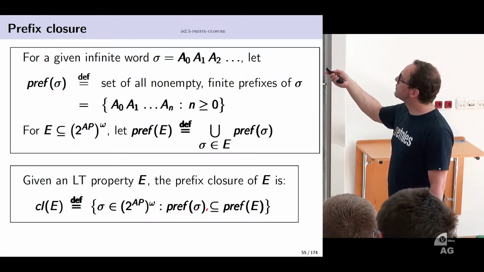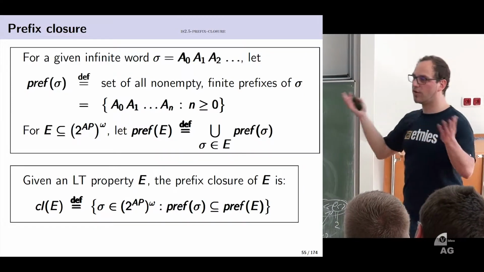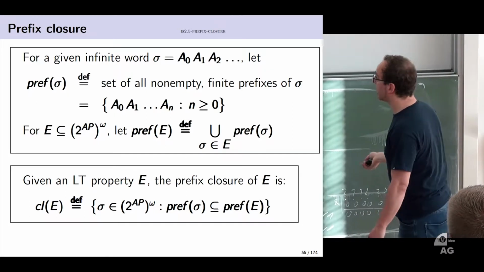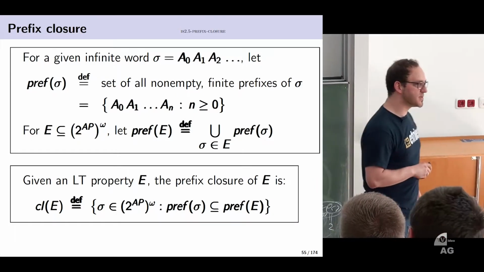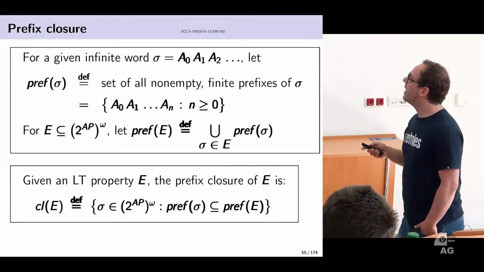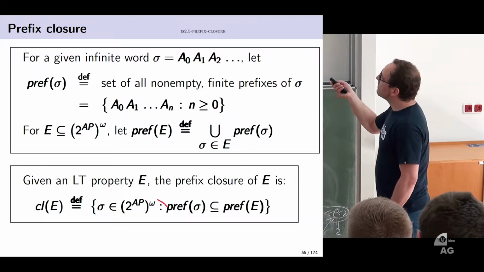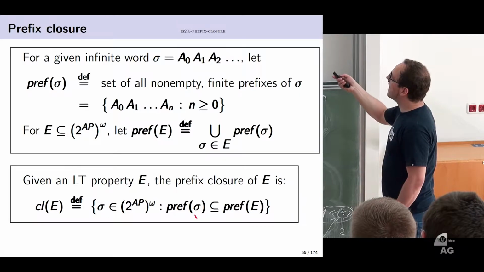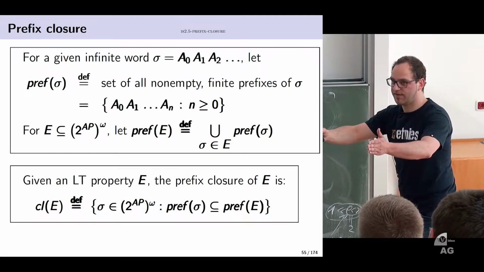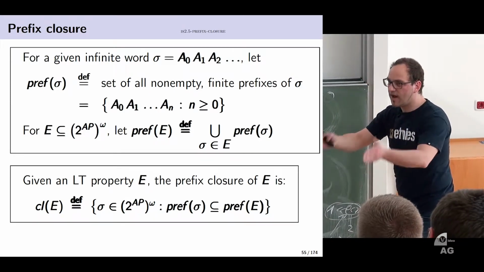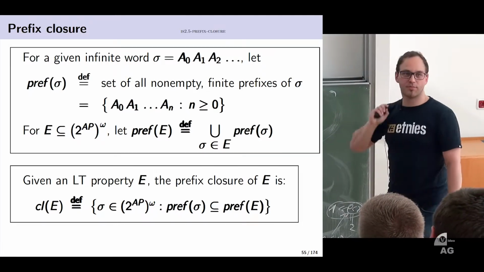Well, it's exactly those words such that all prefixes are also prefixes of the whole property E. So if a word is in here, it means that when you cut it off at some point, you obtain a finite prefix, and you can definitely find that prefix as a prefix of some word in the property.